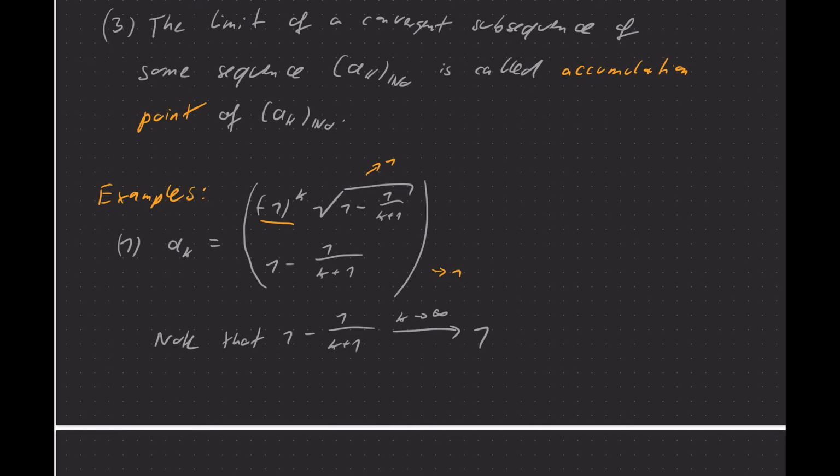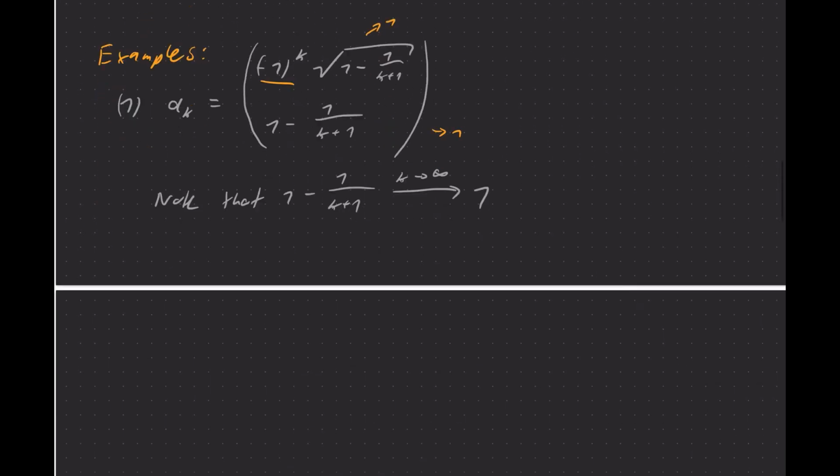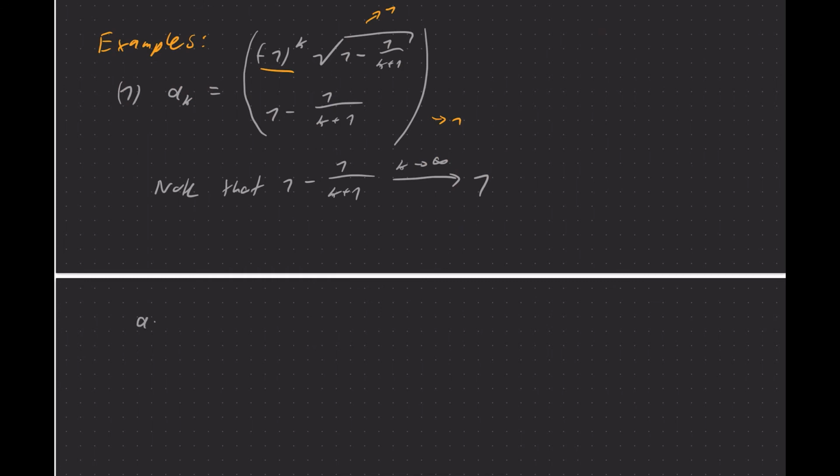So the sequence itself does not converge, yeah? As the first coordinate gets closer to 1, then -1, and then jumps between those two. Okay, so a_k does not converge.